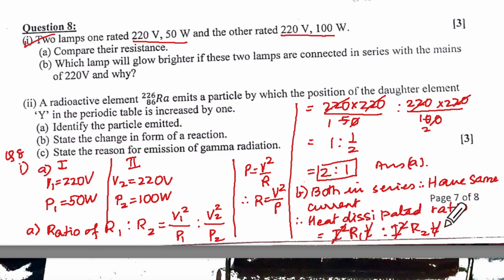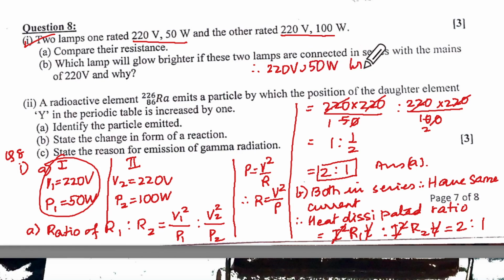Within the stipulated time it will be T same. So you will have R1 is to R2, which means 2 is to 1. 2 means it is the first bulb. So the first bulb, 220 volt, 50 watt, will glow brighter.